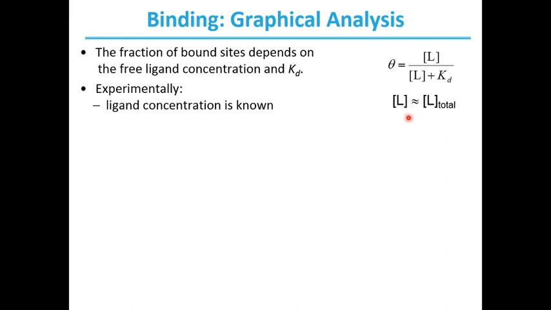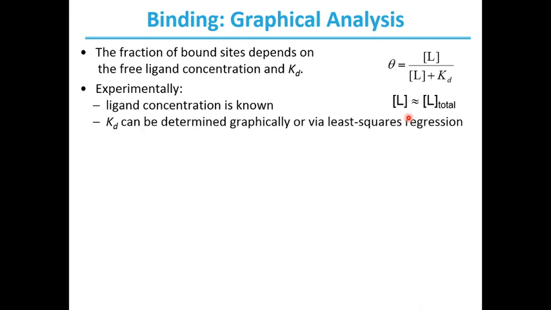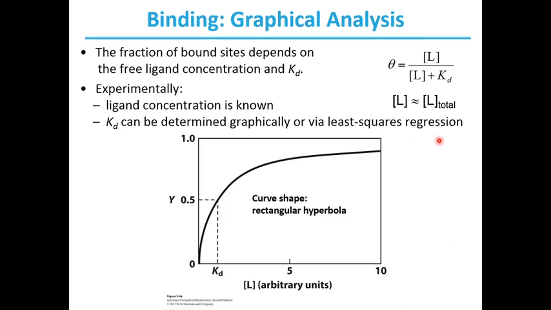What you need to determine is how much ligand binds to a protein, and that is directly related to how much of the protein's ligand binding site is occupied. Kd can be determined graphically or via least squares regression.